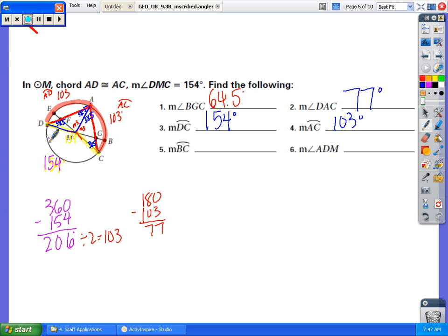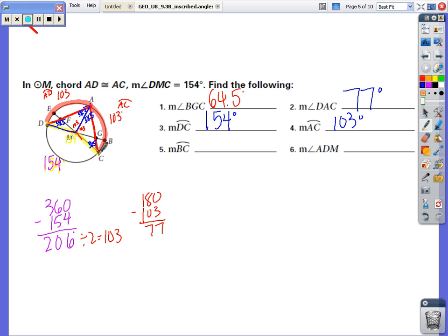So if this is 54 from here to here, DB is actually the diameter of this. So if I do 180 minus DC, which is 180 minus 154, that gives me 26. So this right here is 26.